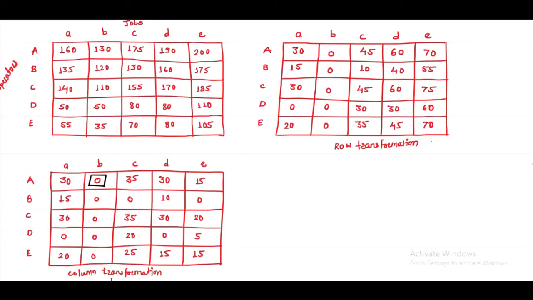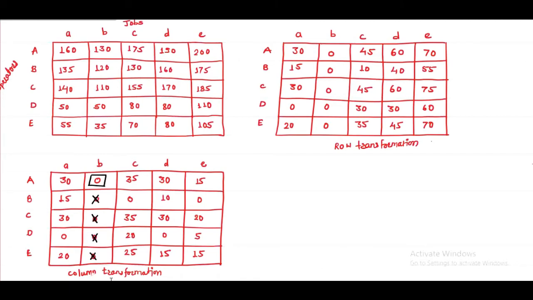When we mark an assignment by using the row operation or row-wise assignment, then if you mark that particular 0, you have to check whether another 0 is available in that particular column, and vice versa. So in this particular column there are another 4 zeros, so you have to draw a cross on all the 4 zeros.